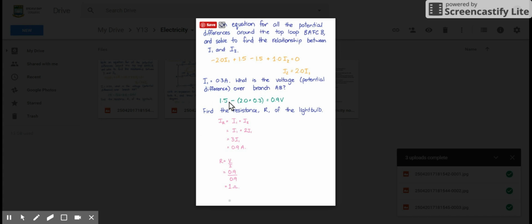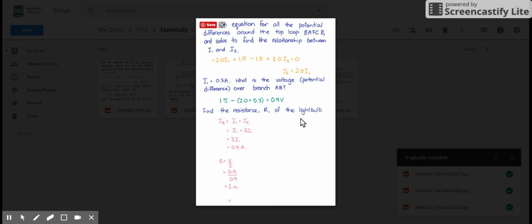And so across branch AB, we've got a battery putting voltage in, and we've got a resistor eating voltage up. So 1.5 minus the voltage drop across that 2 ohm resistor. And it works out that that comes out to 0.9 volts. Okay, 1.5, the stuff put in by the battery, minus 2 times 0.3.